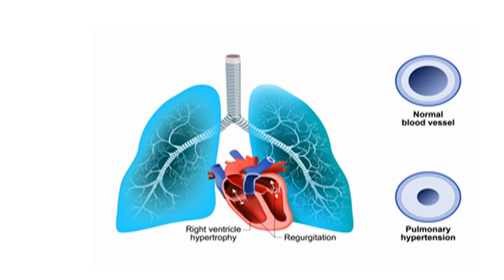These changes are irreversible at this stage. Eventually, the right ventricle will get hypertrophied and will fail, resulting in systemic venous congestion with lower limb edema followed by ascites and hepatomegaly or hepatosplenomegaly.